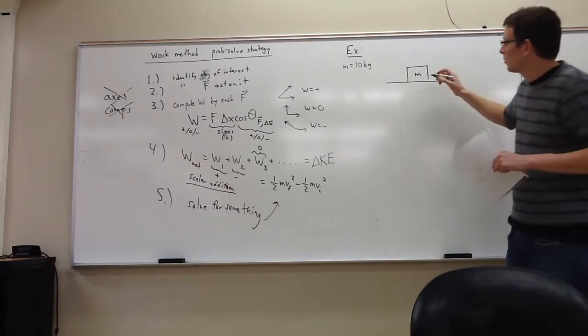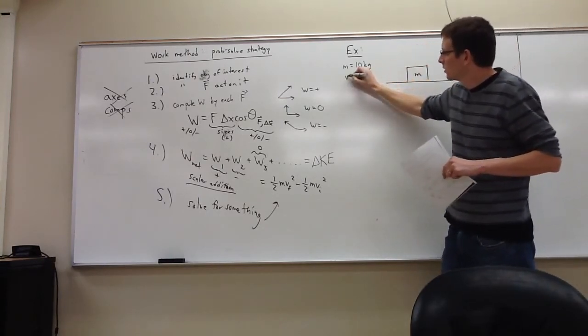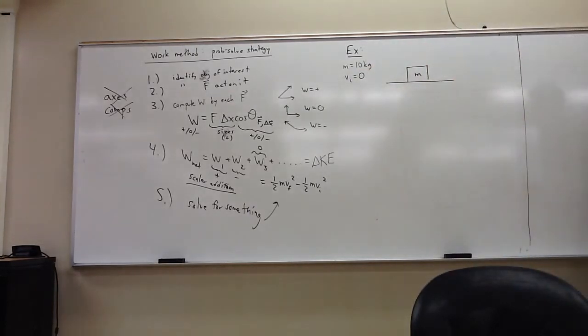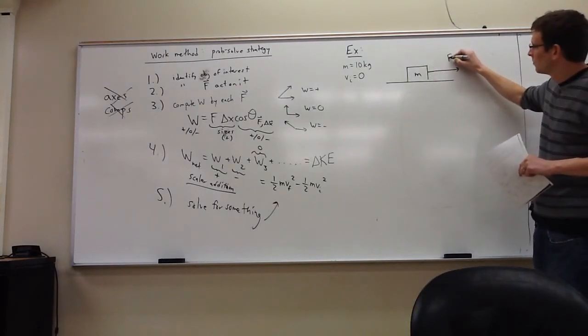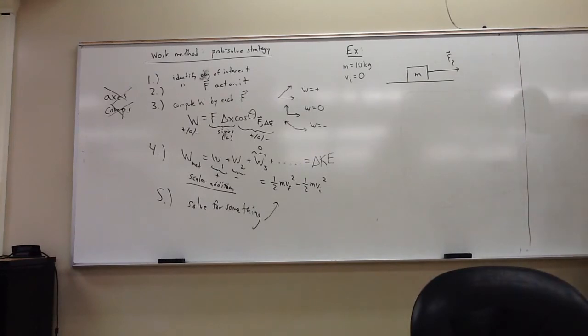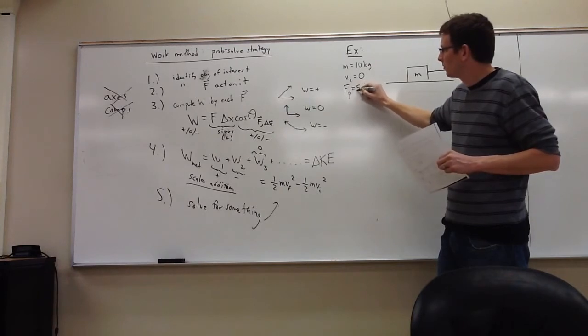And I'm going to pull on it. So I guess you say it starts from rest. And I'm going to pull on it like this. The pulling force has a magnitude of 50 newtons.